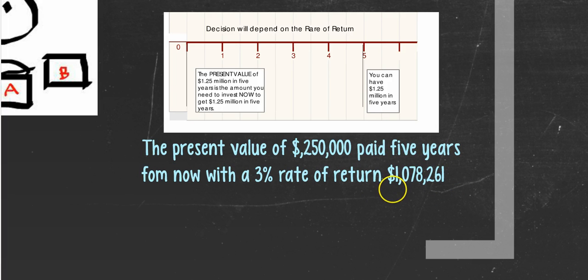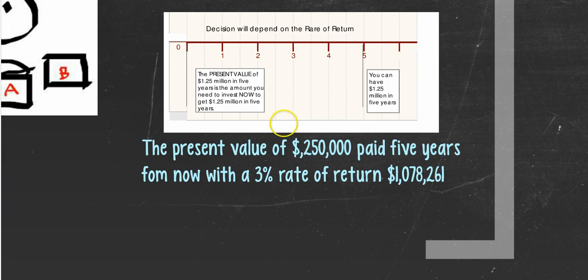If we were going to go into a convent or a monastery right now and had no need for money, why would we take $1 million now when we wouldn't be able to get $1.25 million in 5 years at 3%? Why not wait the 5 years, get to $1.25 million, because its present value is greater than $1 million.